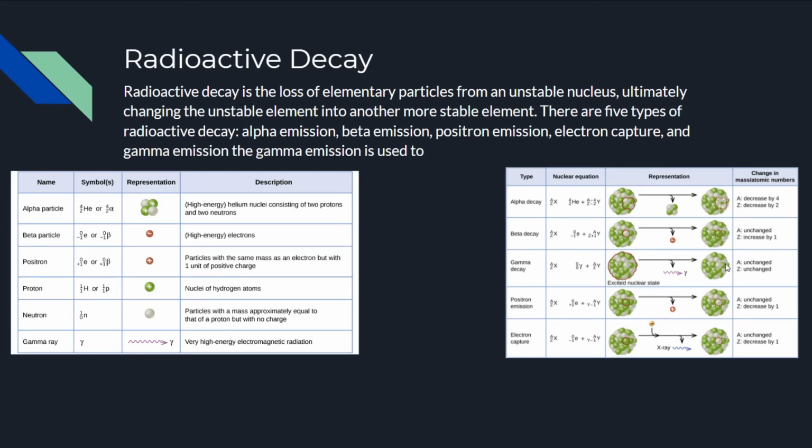Gamma decay, both are unchanged. Positron emission, your mass number is unchanged, and your atomic number is decreased by 1. And for electron capture, your mass number is unchanged, and your atomic number is decreased by 1 as well.